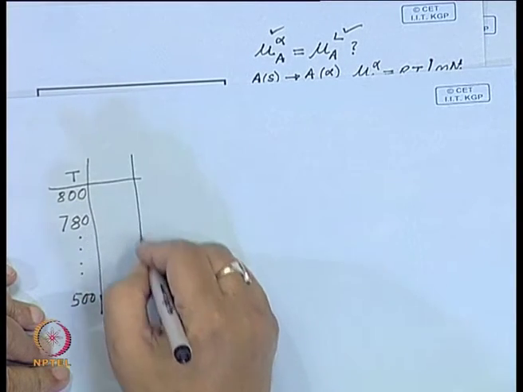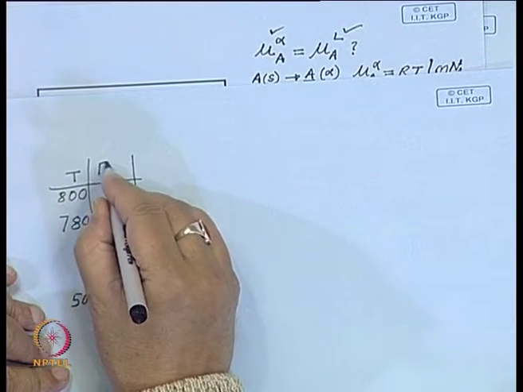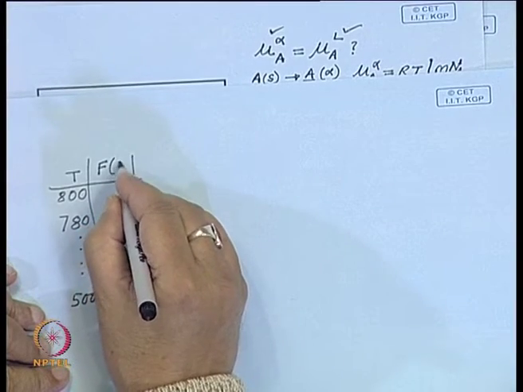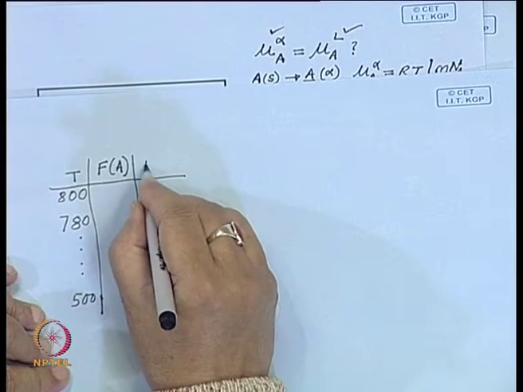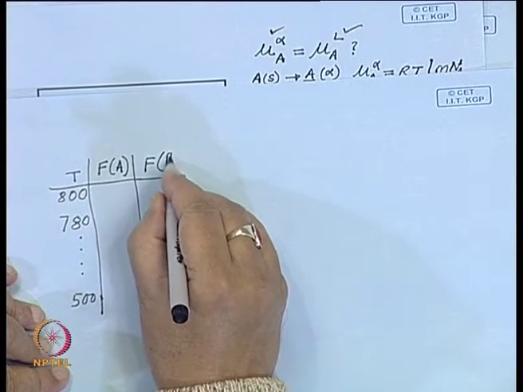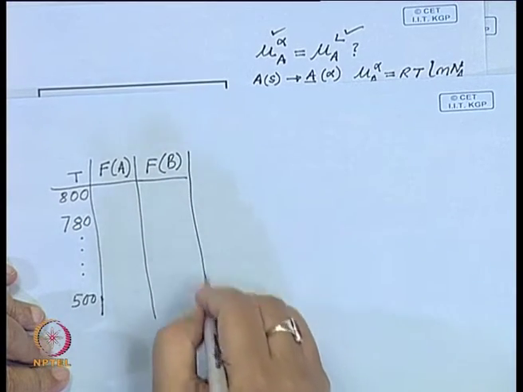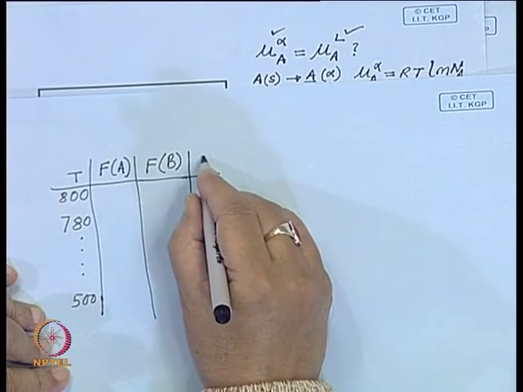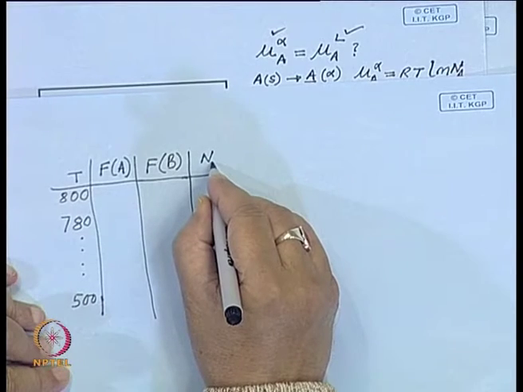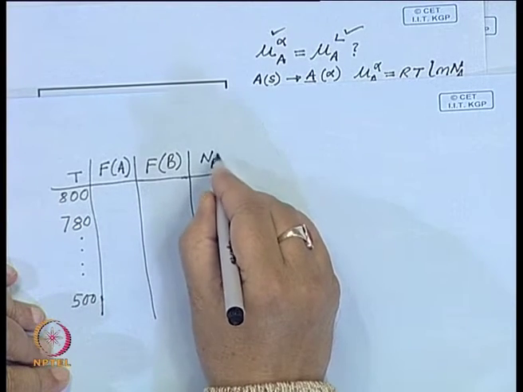For each of these temperatures, you calculate the function from the thermodynamic parameter of A. Similarly, you calculate this from the thermodynamic parameter of B, and then you can find out the atom fraction of B in liquid.